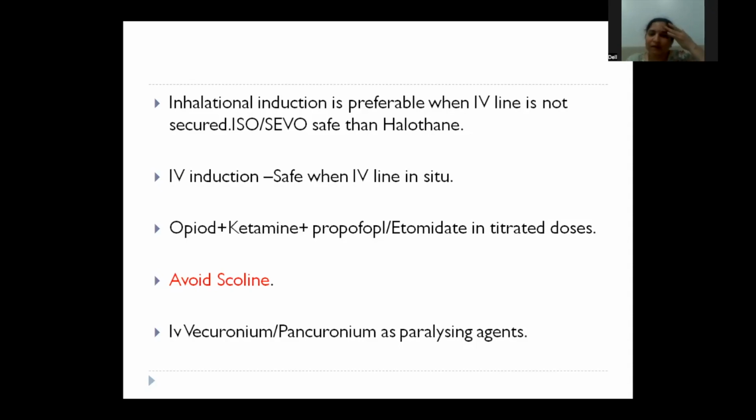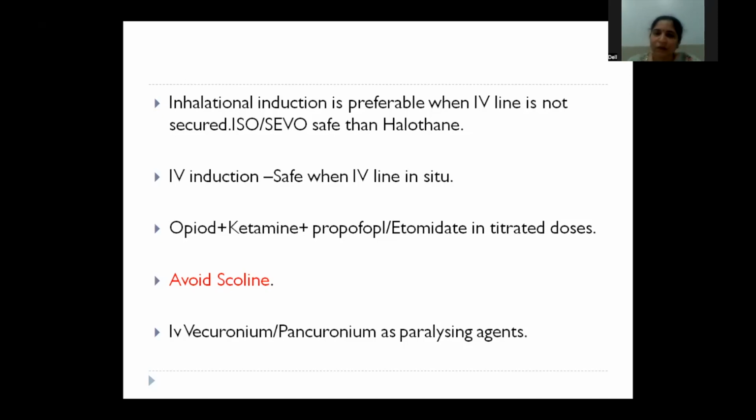Our protocol is fentanyl, ketamine. Ketamine is the best drug because it has minimal effects on the pulmonary circulation and it increases SVR. So in case of cyanotic heart diseases, it helps to maintain oxygenation and reduce the right to left shunt. Propofol and etomidate, if at all you want to use, you can use in small incremental dosages, but there is no need if you use opioid, ketamine and midazolam induction.